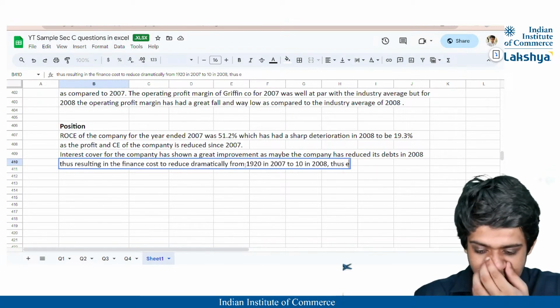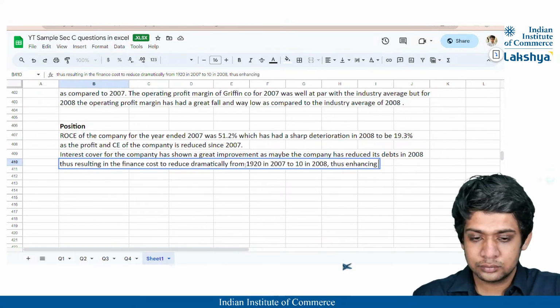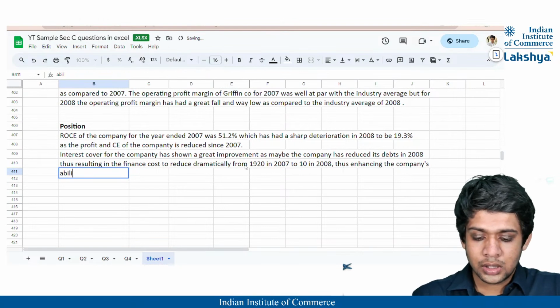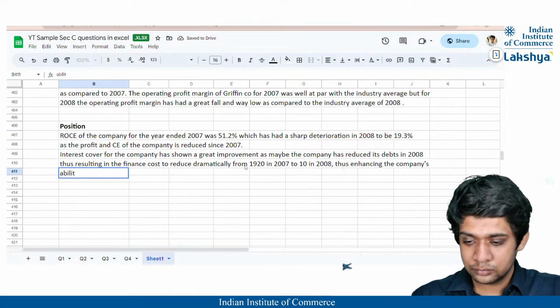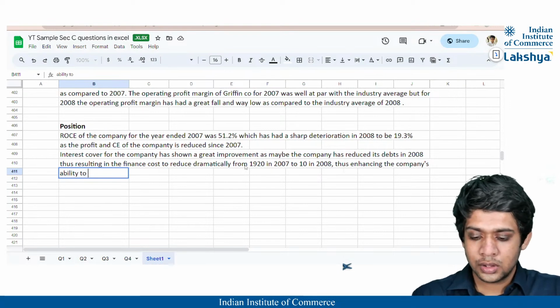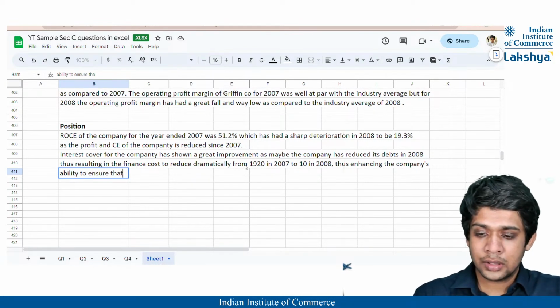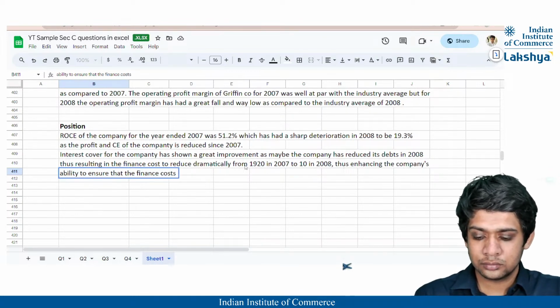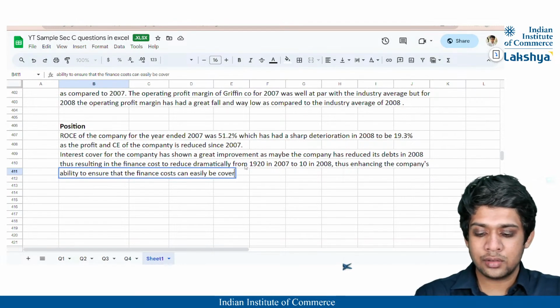Thus enhancing the company's ability to ensure that the finance costs can easily be covered, right?